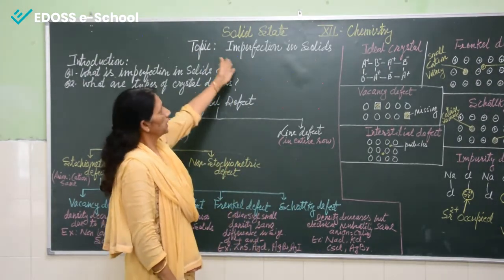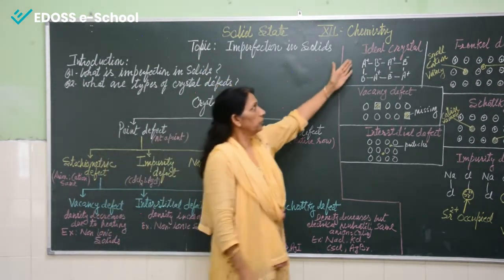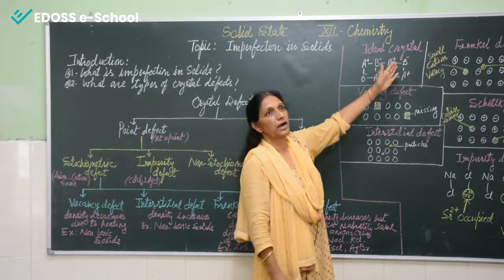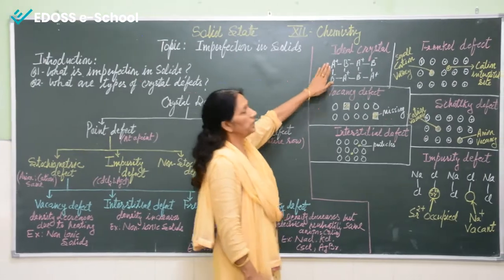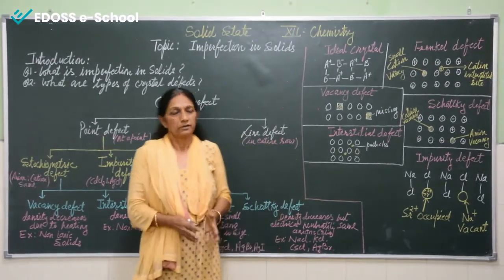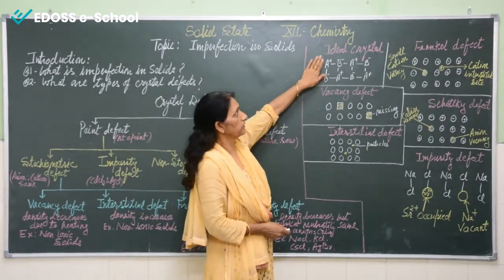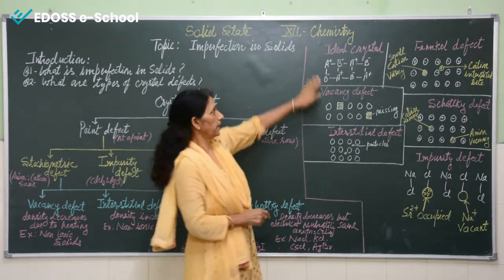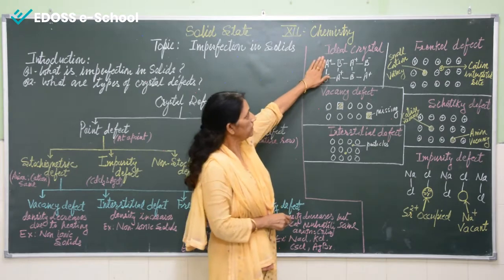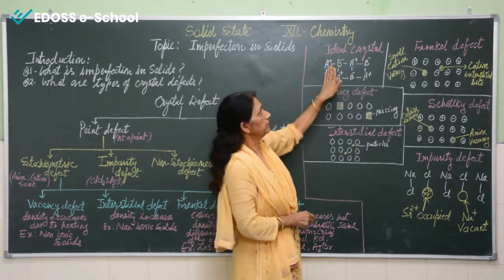To understand imperfection, I have drawn here one ideal crystal. You can see, we know that crystals have positive and negative ions, meaning anions and cations. So cation, anion, cation, anion, in this way.